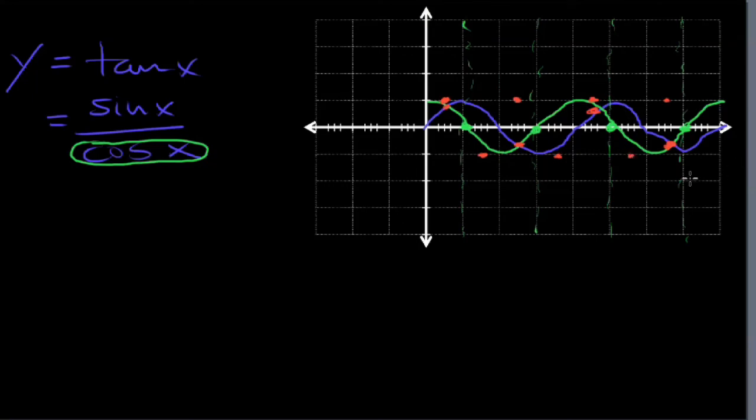And so then if you look at the points that I plotted that are not actually on the graphs, these 1s and -1s, anytime sine is 0, 0 divided by anything is 0, and so the graph will be 0, 0, 0, 0.